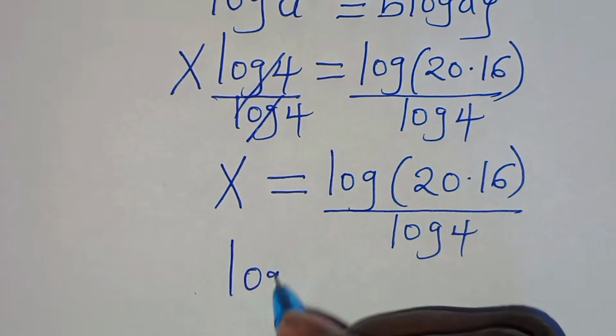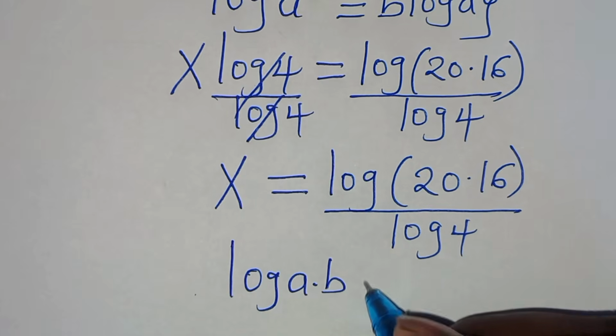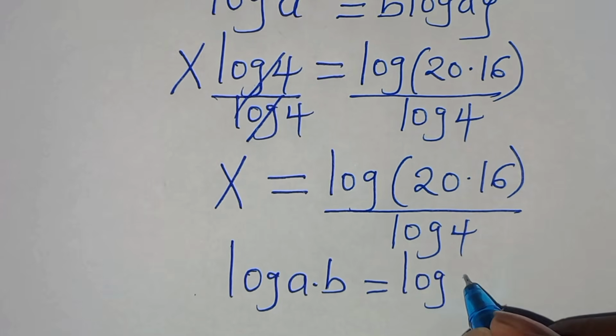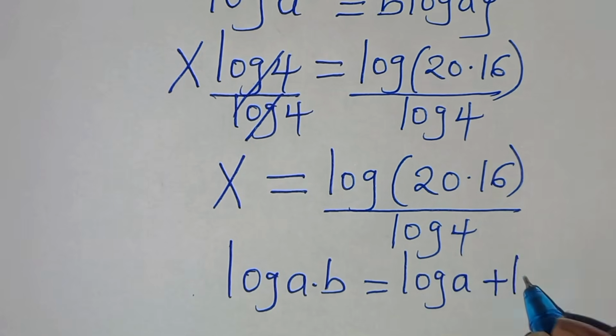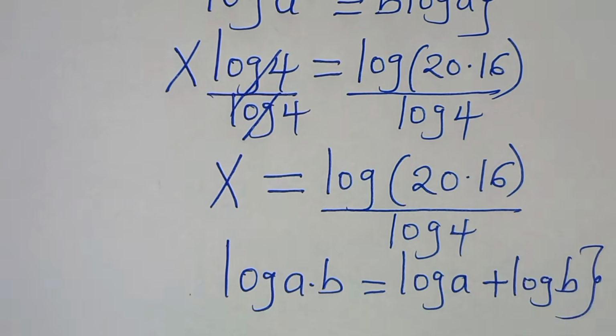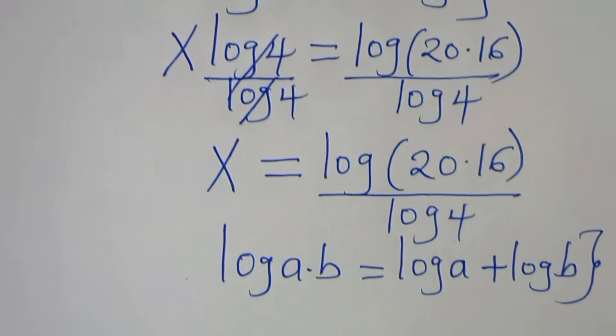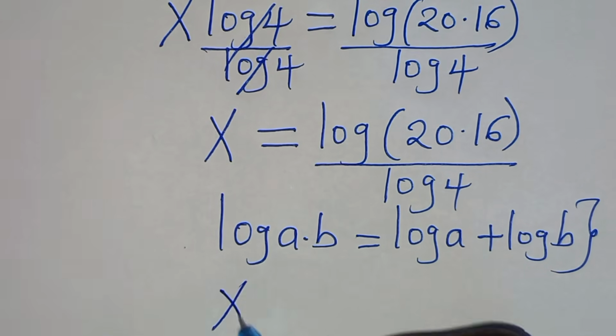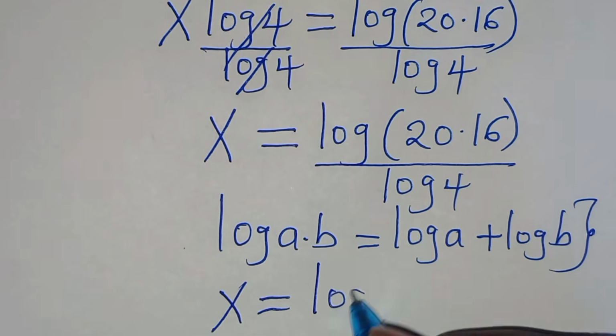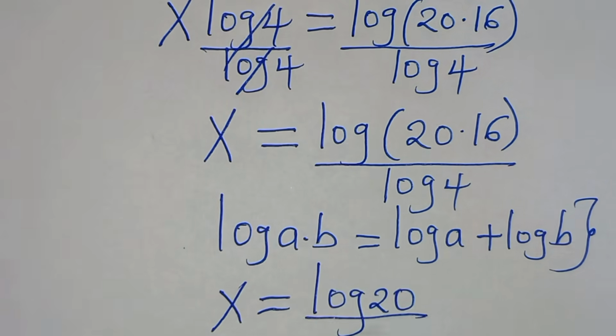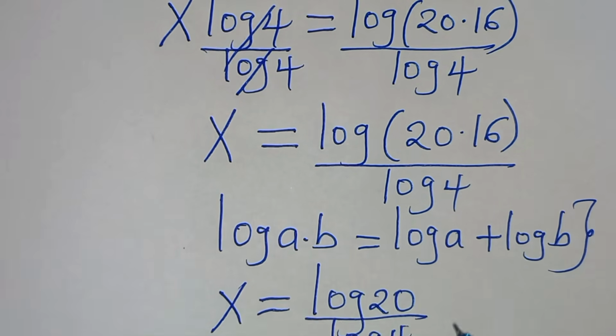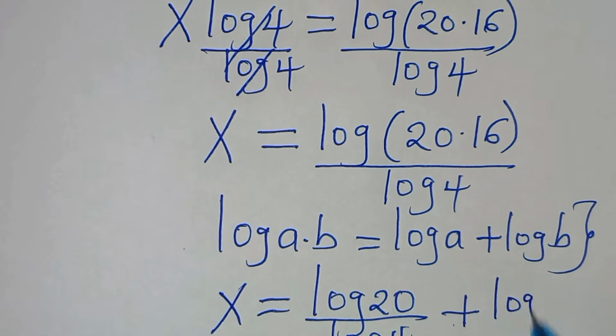This is of the form log a times b, which we can express as log a plus log b. Now applying this property, we have x equal to log 20 divided by log 4, then plus log 16 divided by log 4.